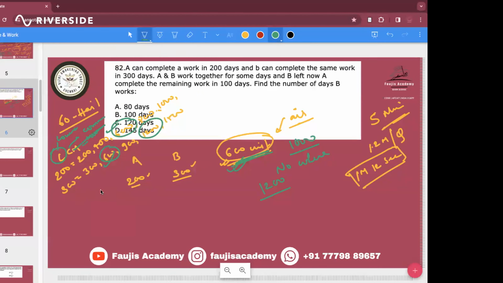So in 200 days, A is able to complete the work. That means in one day, he does 3 work and B does 2 work. Right, guys? We are done up till here. A and B work together for some days.